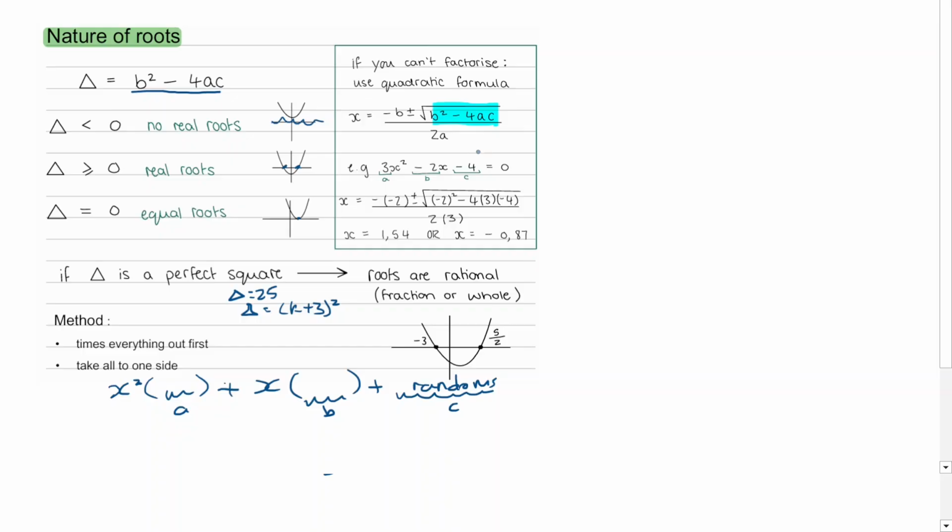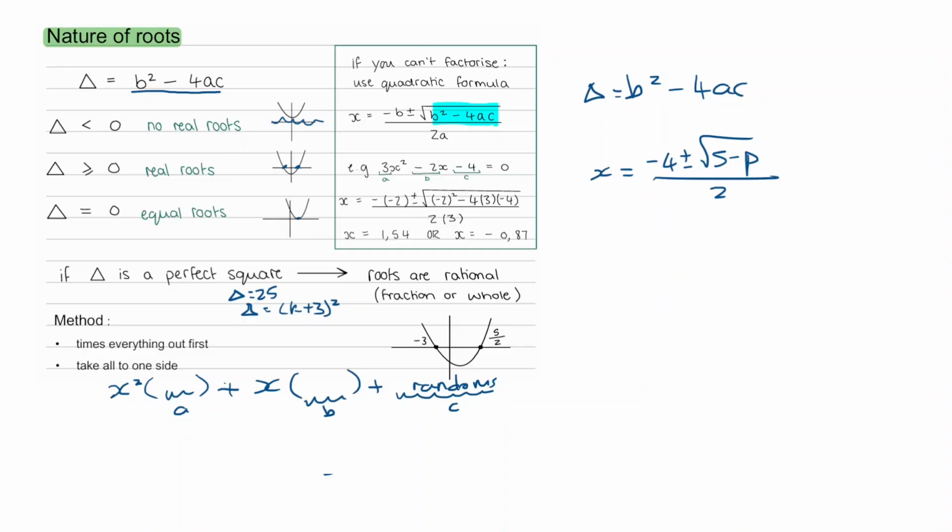The last thing to say is sometimes you'll get questions where you're given a trinomial type of vibe, or where you had to take out the x squared, the x, and the randoms, and that will look like this. And to do your actual nature of roots, you'll dive straight into what we've talked about. But sometimes you'll get questions where they actually give you the entire answer, and they say something like that, and they say show that the roots are non-real.